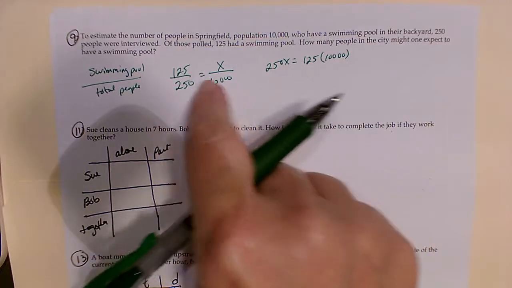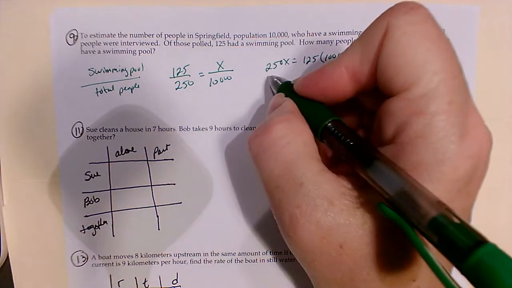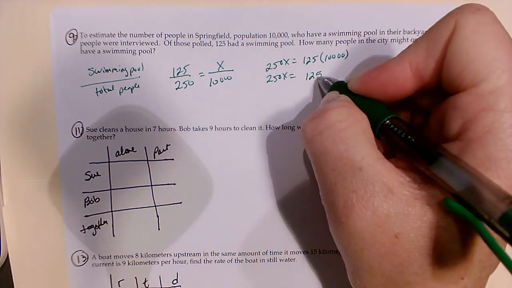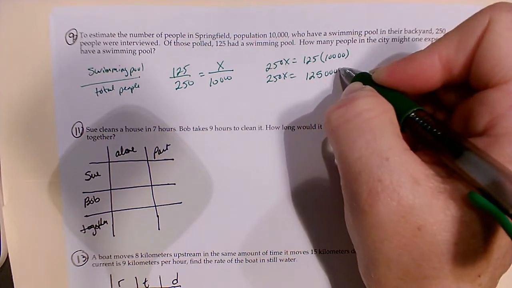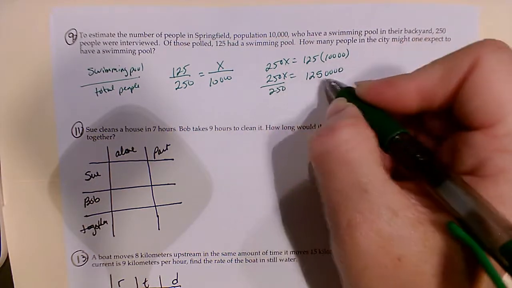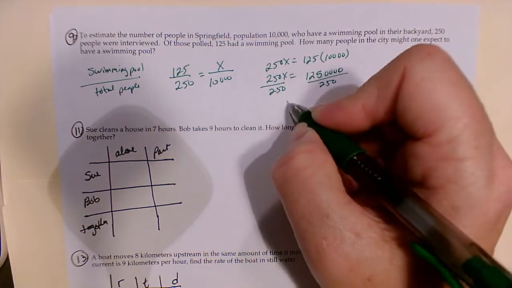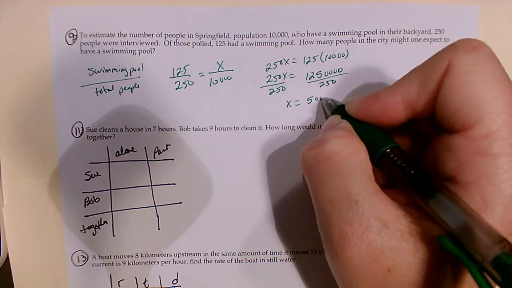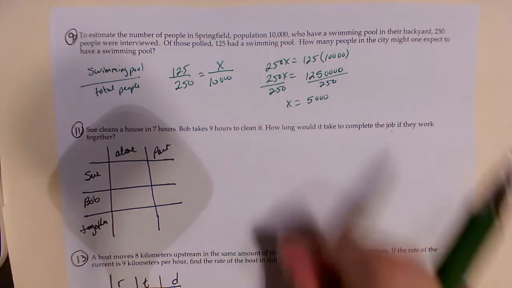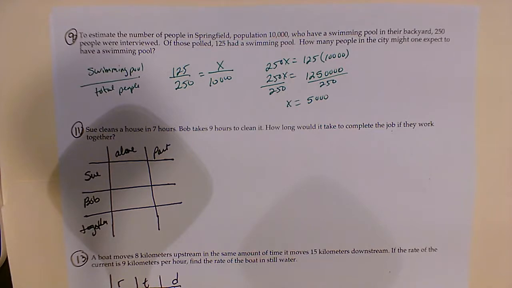So 250x equals 1,250,000, we've got 4 zeros. And then we divide by 250, and x is going to equal 5,000. So 5,000 out of 10,000 will most likely have a swimming pool.